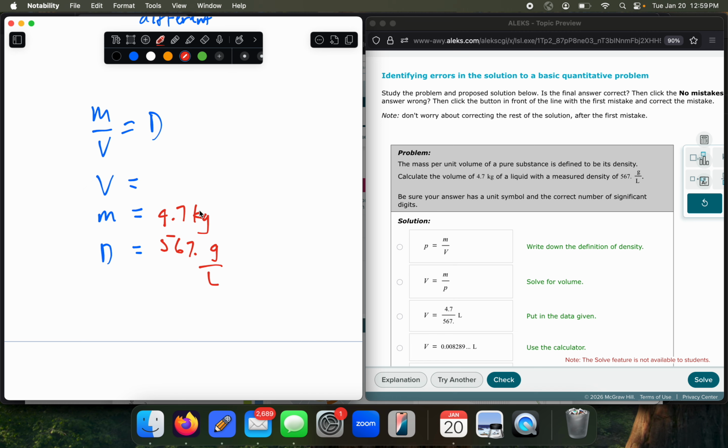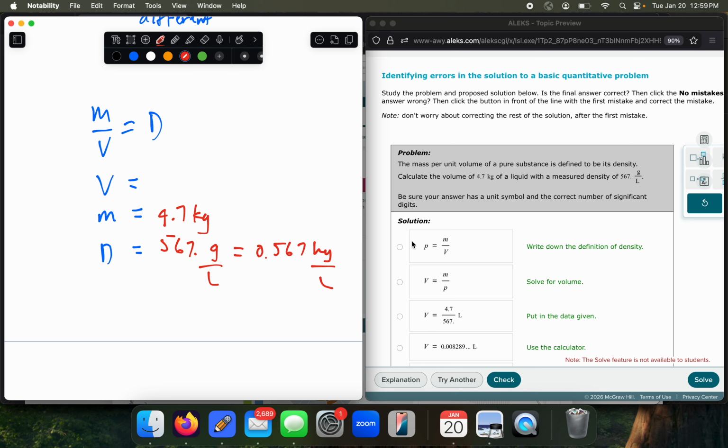Now, I've got kilograms here and grams here, so I'm going to do a conversion real fast. If I make kilograms, this is a big number, so that's going to be smaller. It's going to be 0.567 kilograms per liter, but now I've got kilograms and kilograms. All right, let's go look and see their solution.